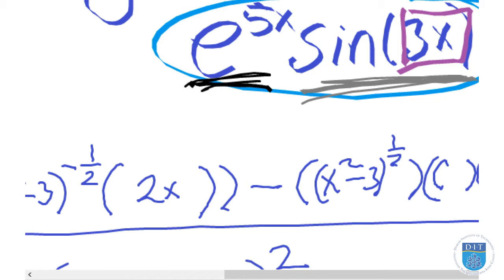Right, e to the 5x, there's the first, by the derivative of the second. Sine of a box, chain rule says it's the cos of box by the derivative of the box, which is 3, plus second, which is sine 3x, by the derivative of the first.